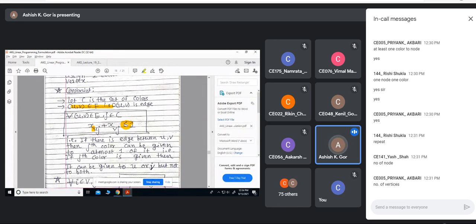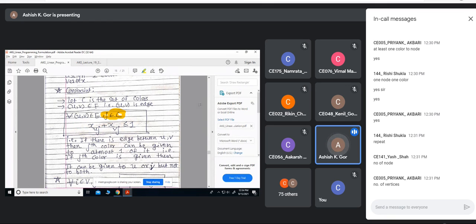So if XUJ is equal to 1, that means you are giving the jth color to vertex U. You must not give the jth color to vertex V. So for every edge U comma V, XUJ plus XVJ should be less than or equal to 1, and this should be for all colors J, right?